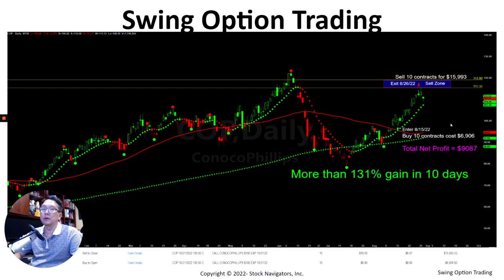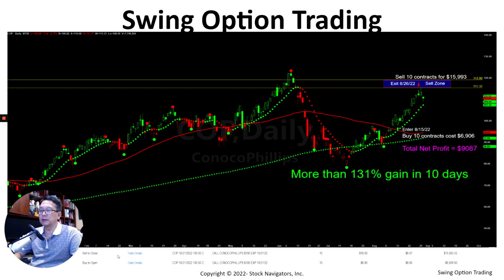You see, that would be a lot of money. That's why if you buy 10 contracts, it's equivalent to the value of 1,000 shares, and it only costs you $6,900. And then when it went up to the sell zone, I sold it for $15,993. So the total net profit after the commission is $9,087.